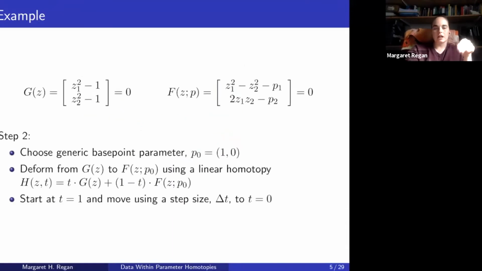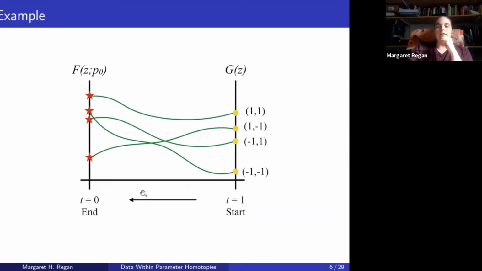And if we look back at our homotopy equation, at T equals 1, our F of Z at P0 term disappears, because this coefficient is 0. So our homotopy is only defined by the solutions at G of Z. And then as we change T, this becomes less than 1, and this component here becomes non-zero. And so essentially what we're doing is transitioning and deforming from these 4 solutions along these paths, to eventually have the components only being the solutions of F of Z at P0 when T equals 0.